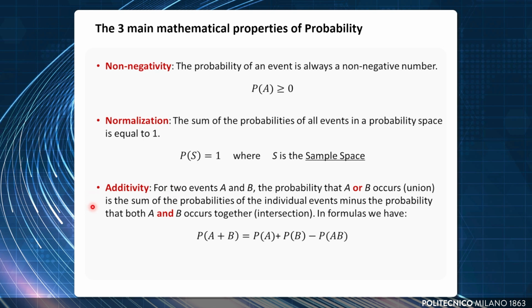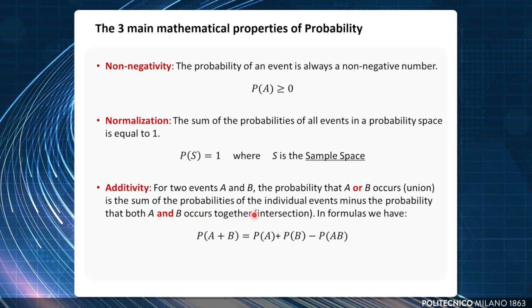Additivity, this is a very important property, very useful for the computation of probabilities. For two events A and B, the probability that A or B occurs, that is the union in the set theory definition, is the sum of the probabilities of the individual events minus the probability that both A and B occur together.